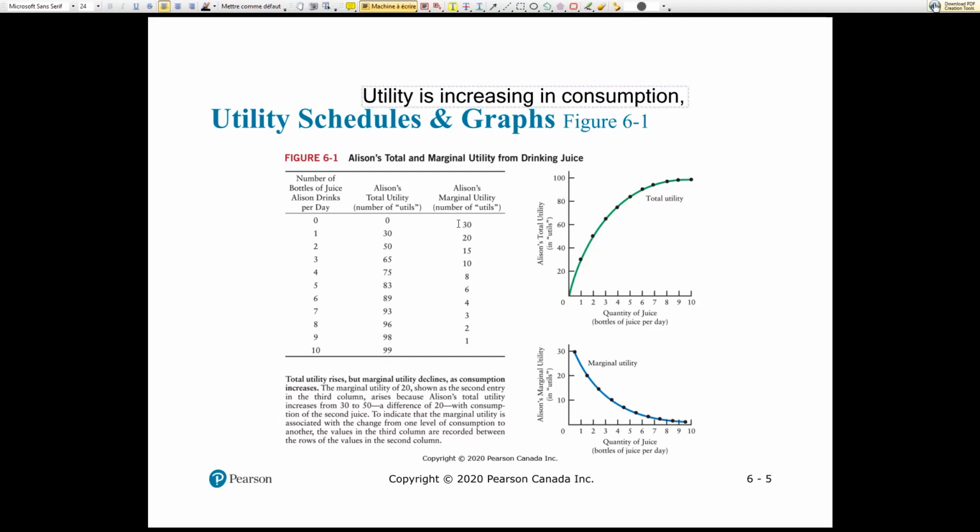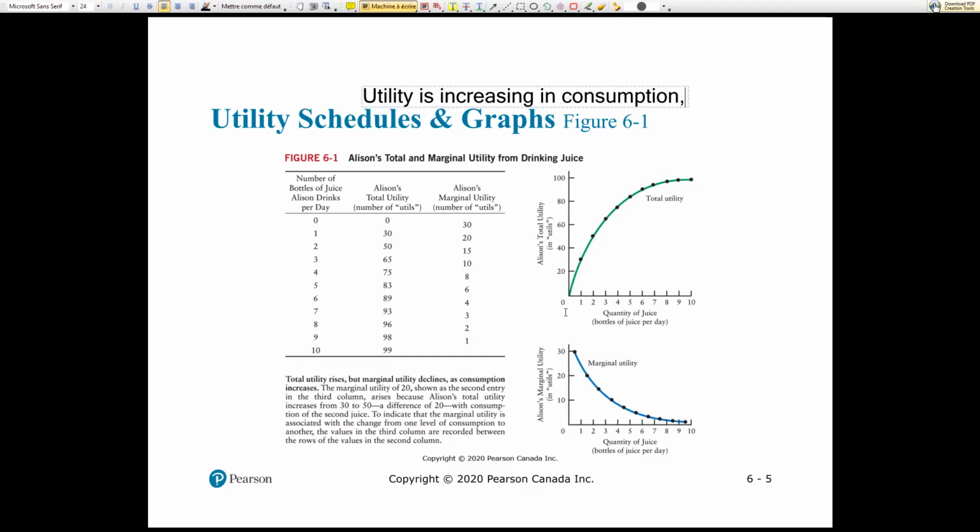But here you can think of the marginal utility as starting from 0 and getting a marginal utility of 30, or being at 1 and asking how much utility I got from my drink. It was 30, for instance, or around this.